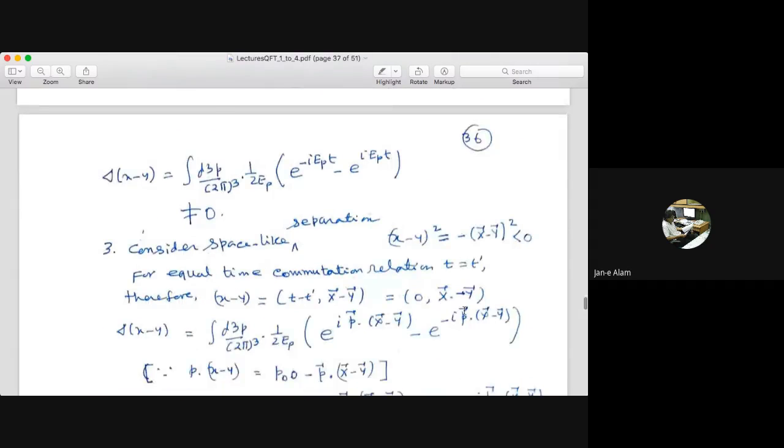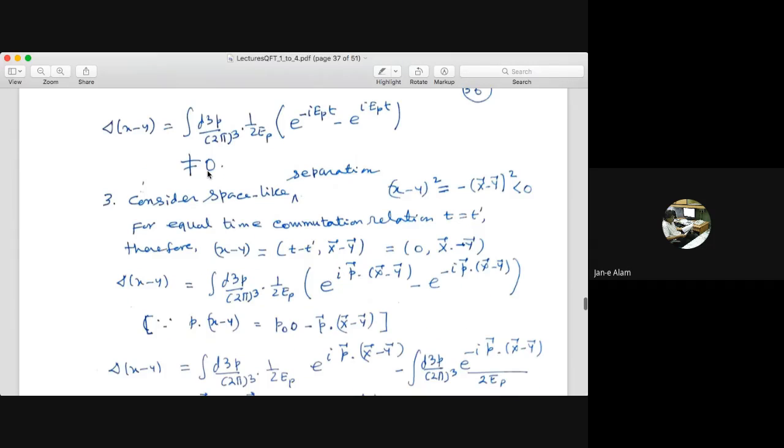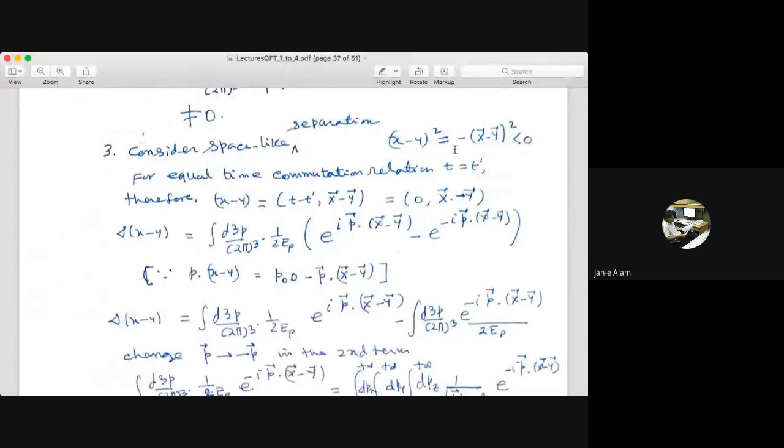But let us see what is happening in the space-like domain. So in the space-like domain, what is happening? Delta(x minus y) is non-zero. Now the space-like separation 4-vector square will be negative. In the 4-vector square, if I take the temporal component as 0, then I have only the spatial components, which come with a negative sign.